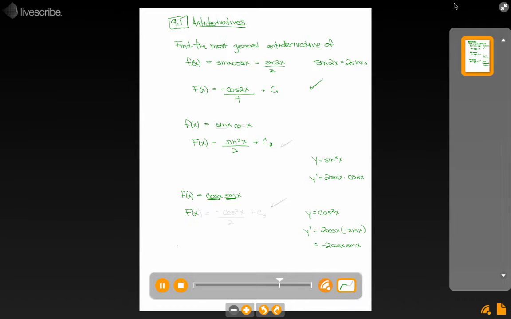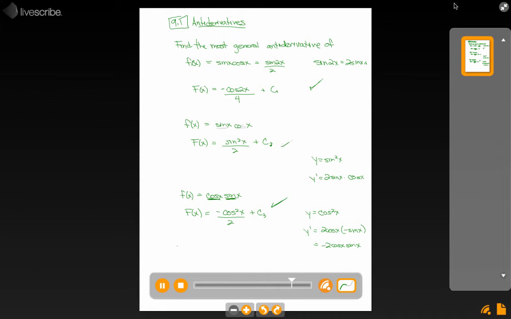So my antiderivative could also have been cos squared, but I would need a negative, and I would need to divide it by 2 to end up where I started. If you take the derivative of this, you'll get cos x times sine x. You still need a constant, and the constant turns out is different than these other two.